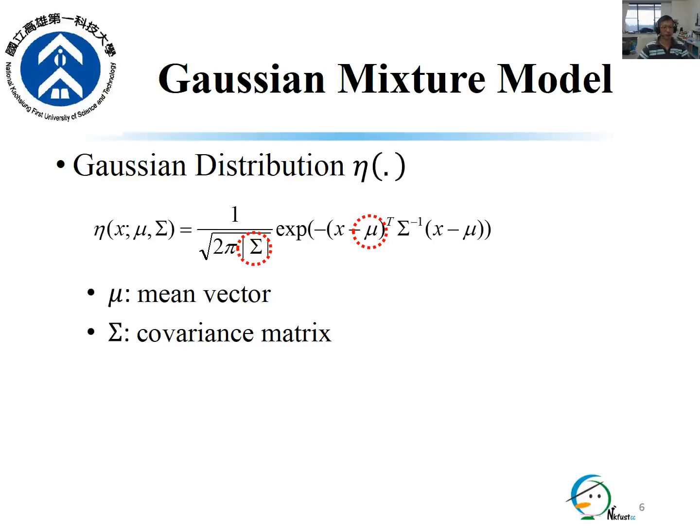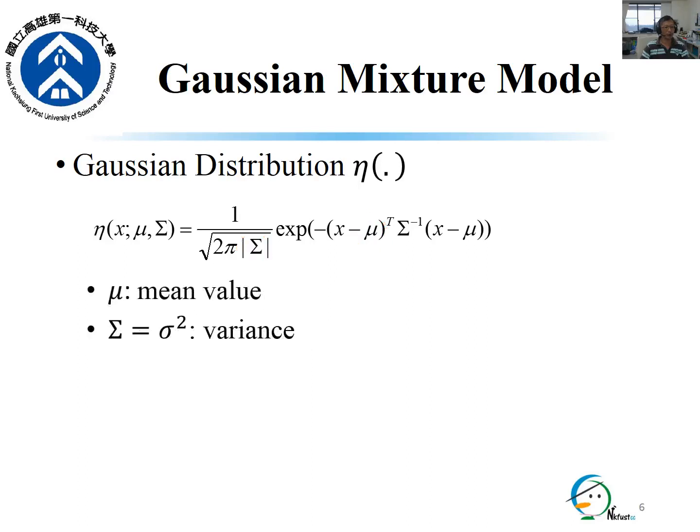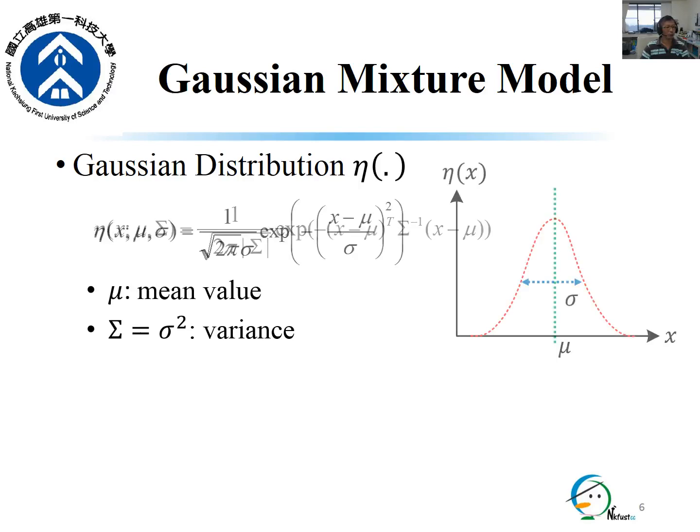To simplify the discussion of GMM-based background subtraction, we let x denote the gray level intensity. Therefore, mu becomes the mean value and capital sigma becomes variance, the square of standard deviation little sigma. The original Gaussian equation can be rewritten as this form, whose curve is bell-shaped.